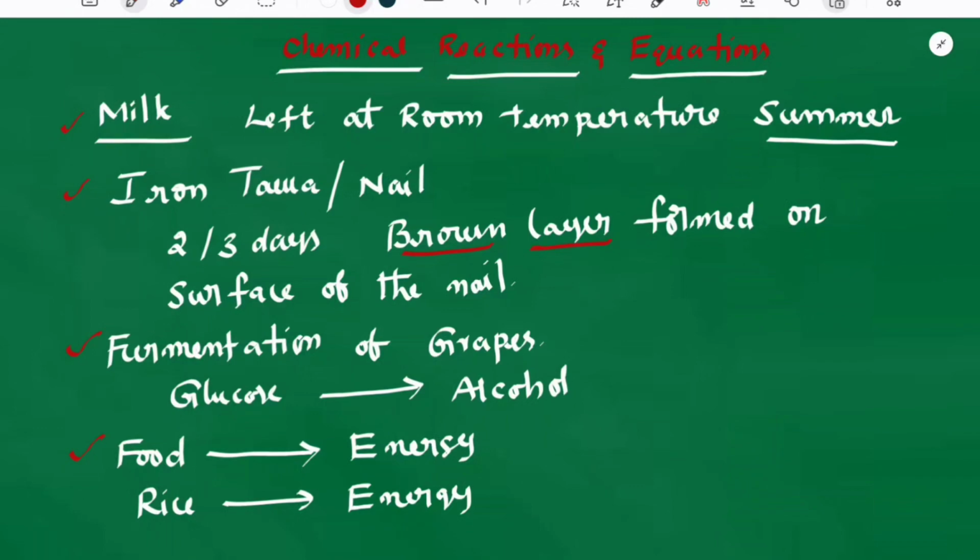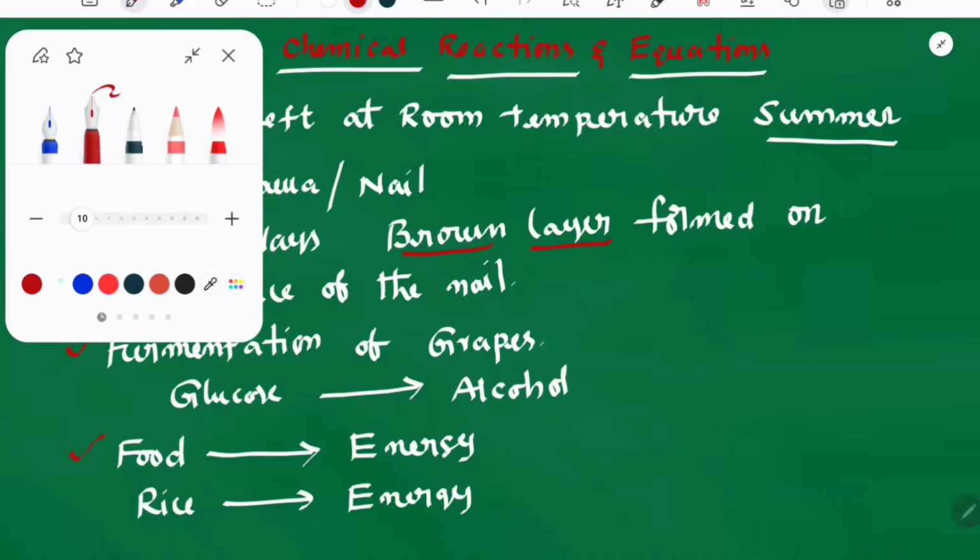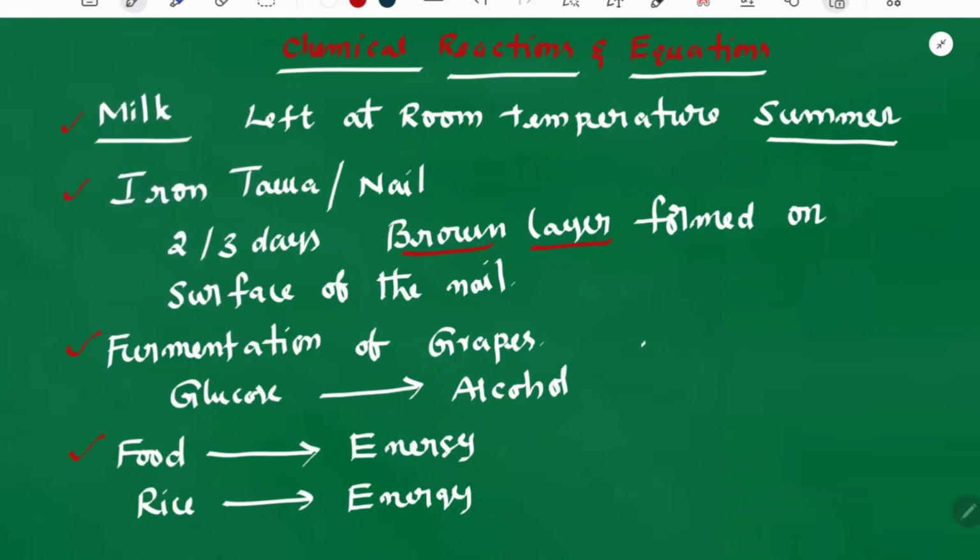So in all the cases, we never get back the initial materials or initial substances. When milk is spoiled, can we get back the same milk? No. At the same time, iron is converting to a brown color layer. Again, can we get back? No. Fermentation of grapes, we can't get back the same grapes. So are all these processes reversible or not?